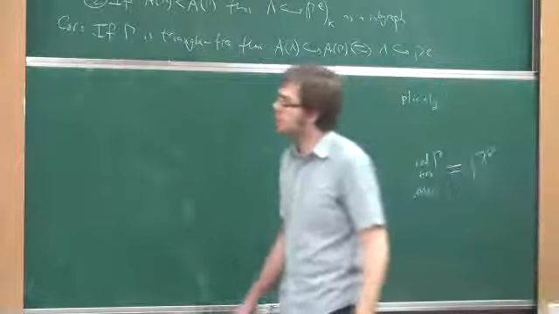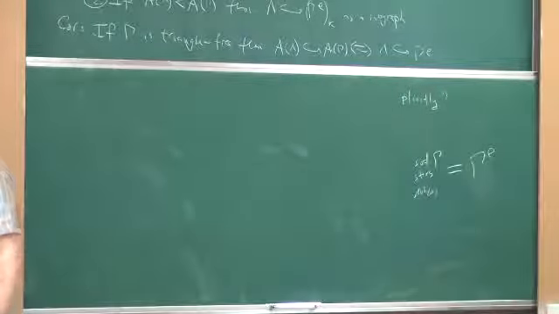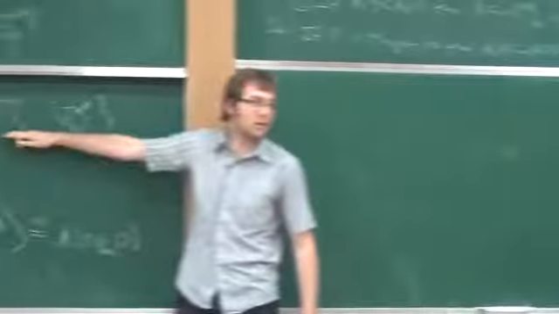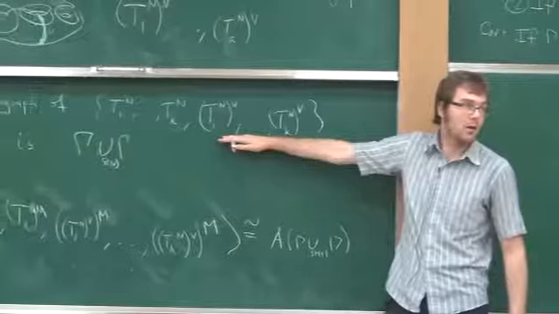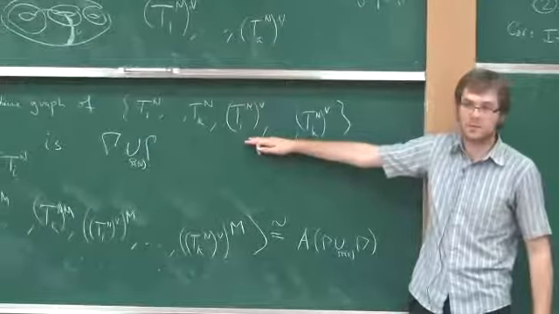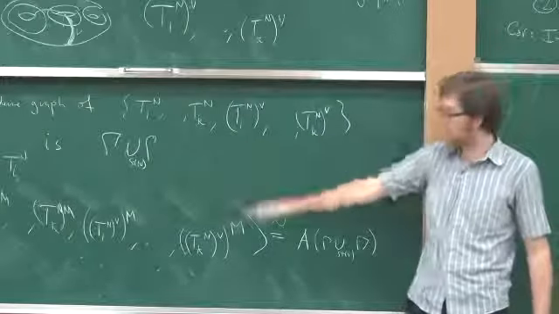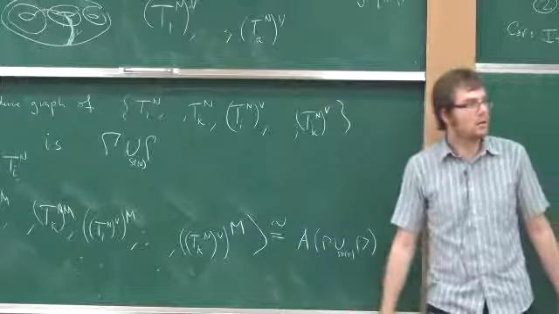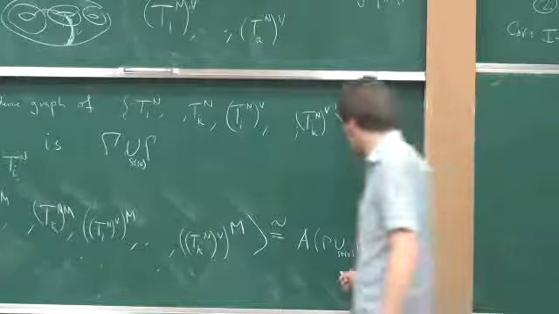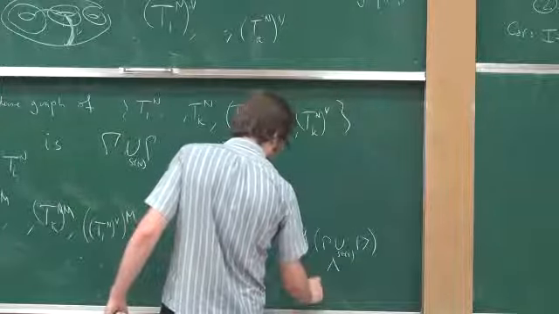Oh, because these elements were in A of gamma, and I've taken these conjugates which are also in A of gamma, and then I take them to powers. So I'm doing multiplication within A of gamma, and so this is contained in A of gamma.